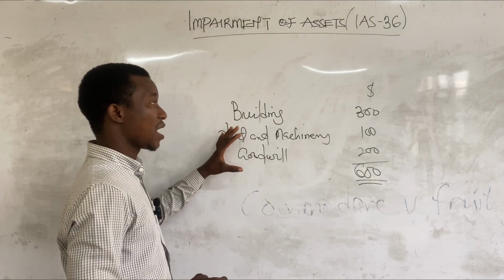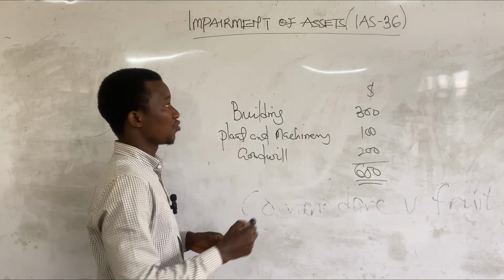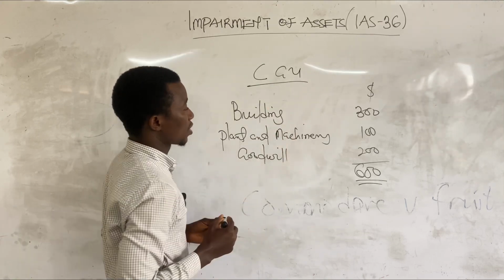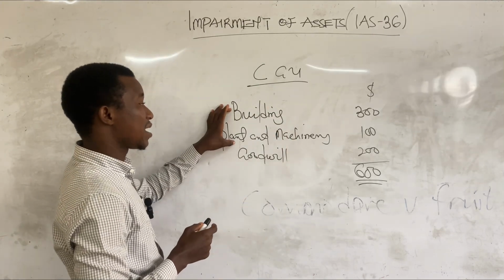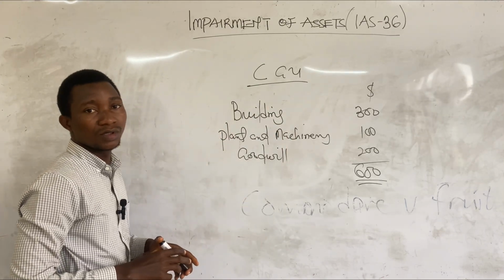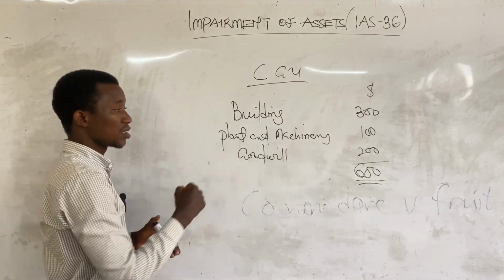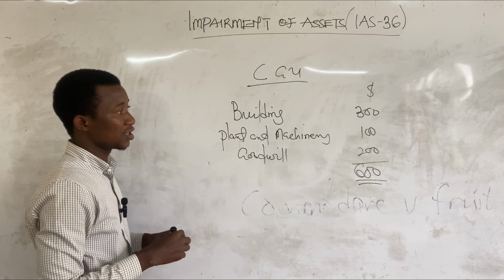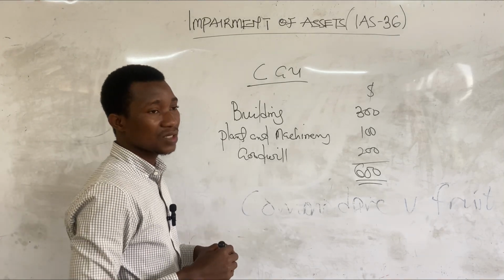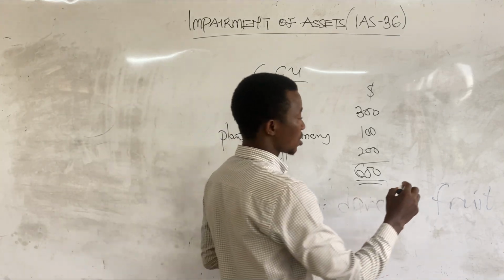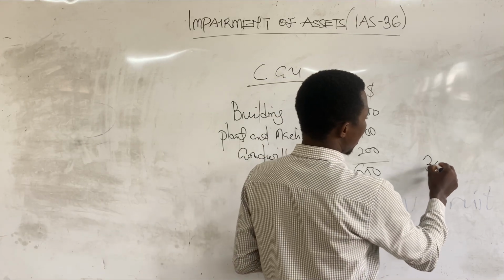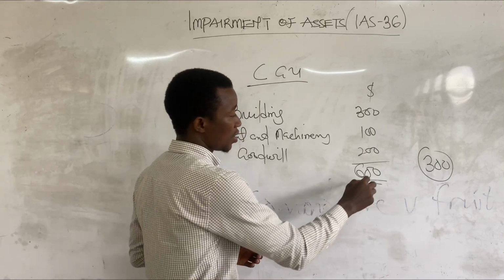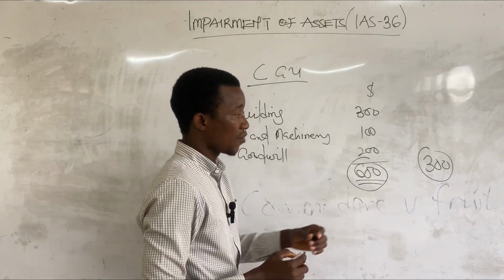So if these three assets are the cash generating unit. Is that okay? These two assets are tangible non-current assets and the goodwill is an intangible non-current asset. If this forms the cash generating unit, and for instance we calculated an impairment loss of $300, we tested for impairment on this 600 and we have $300.